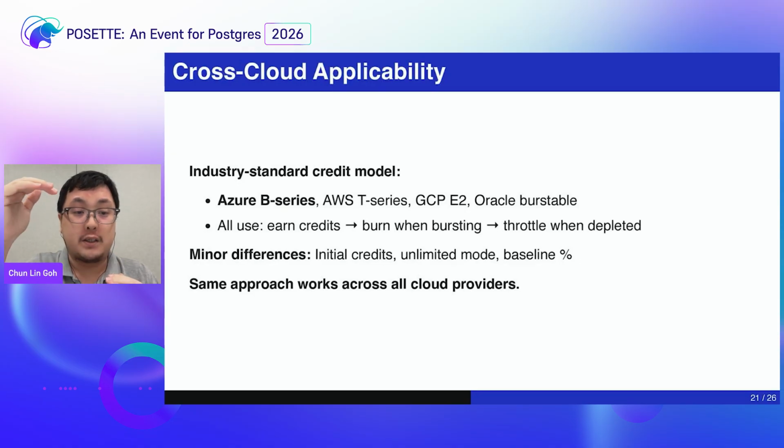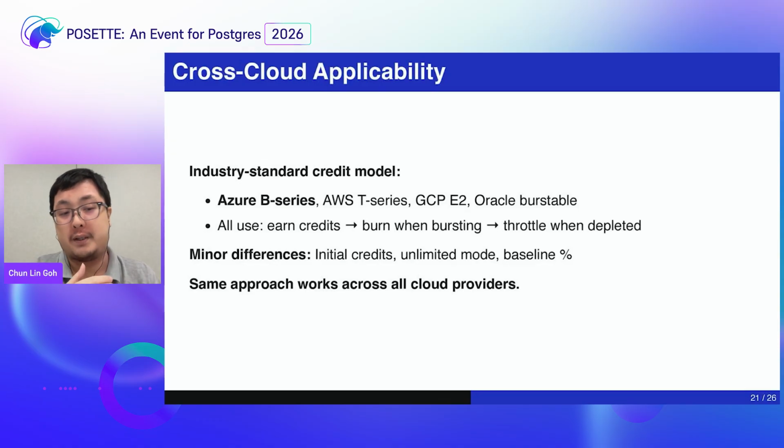instead of depleting your CPU, when you hit 100%, when you burn out all your CPU credits, all your savings, it will still allow you to continue to run your database at 100% of CPU. But it will charge you more for the excess CPU. So this is the difference between different cloud providers.